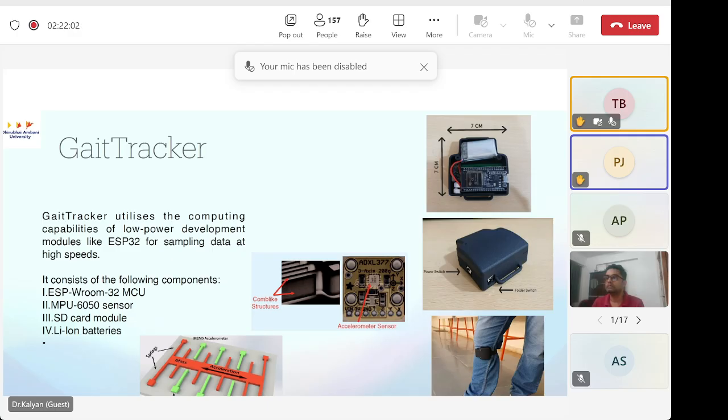So the next big player in our device is the MPU 6050 IMU sensor. IMU is an inertial measurement unit sensor. These kinds of sensors, as Dr. Kalyan already explained, have an internal comb-like structure inside them. Whenever movement happens, these combs rotate, or there's a fluctuation in these combs. That analog value is calculated, certain computations are done upon it, and a digital value is what we get.